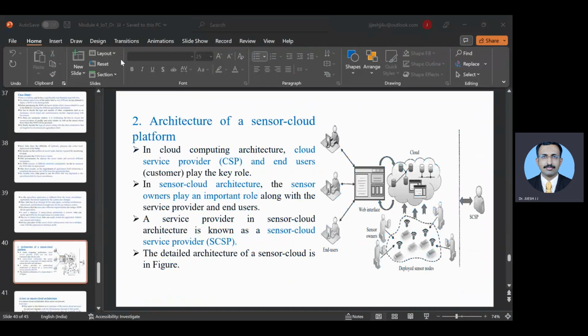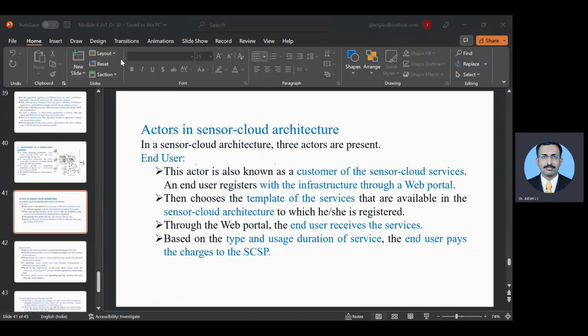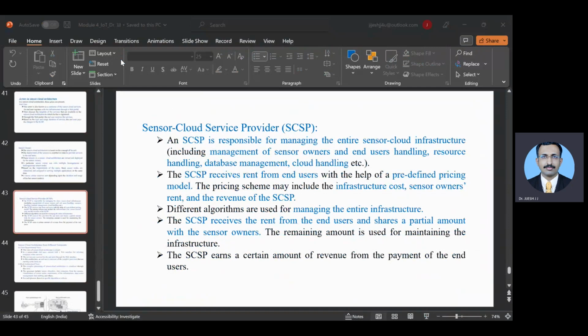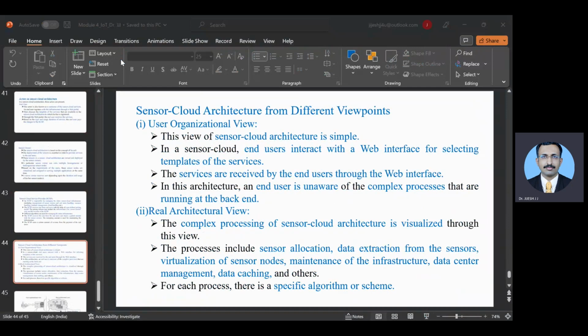In the architecture of the sensor platform, we have seen 3 actors, that is the end user, the sensor owner, and the sensor cloud service provider. We have seen the sensor cloud architecture from different viewpoints. One is the user organizational viewpoint, another is the real architecture viewpoint.